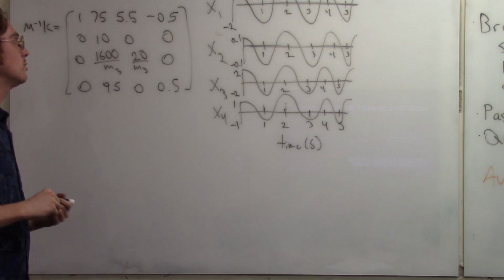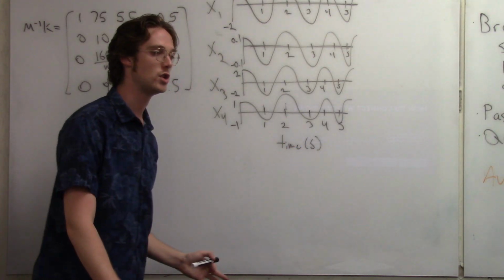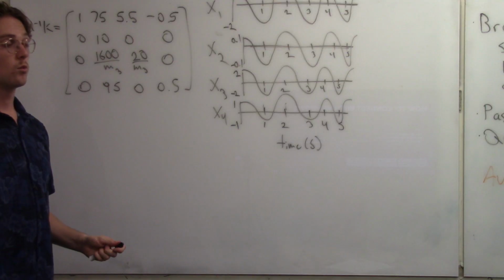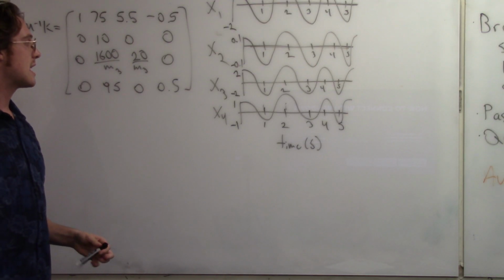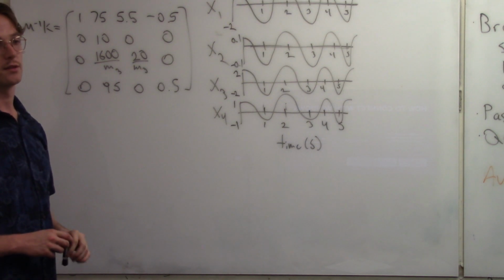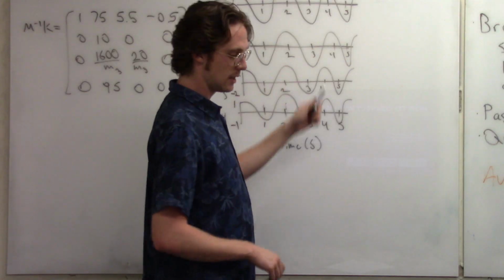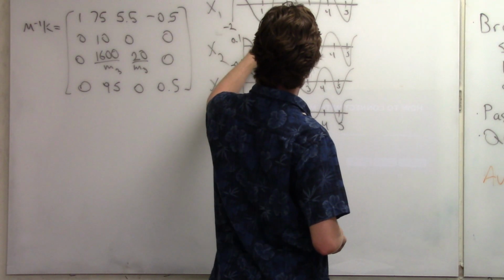Therefore, we can realize that this graph is going to hold our mode shape. So we want to write what our mode shape is by extracting the amplitudes of these graphs. Because notice how each of these is going to have a period of 2 seconds.